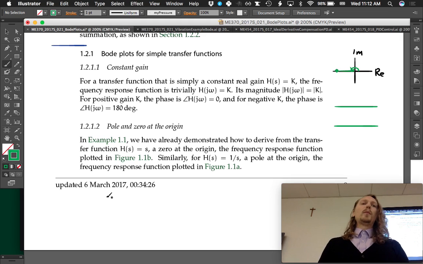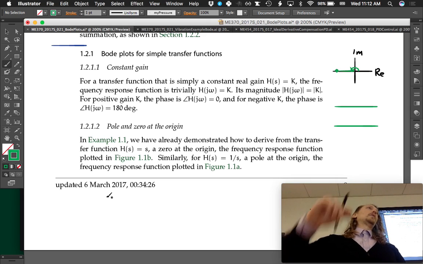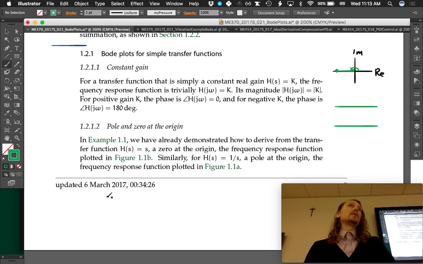So example 1.1 is the example that we did last time, where we did a manual plotting of points straight from the frequency response function and found how to derive the Bode plot from the transfer function H of s equals s, which is just a zero at the origin.